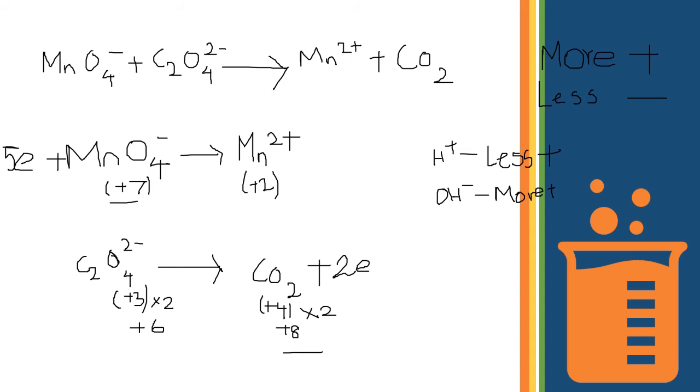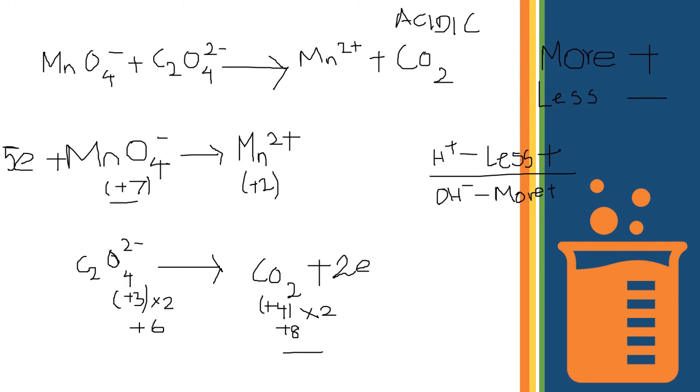So, since we are using the previous equation in this case too, we already know that this reaction is acidic. And if it is acidic, we have to add H plus to the less positive side to balance the charges.